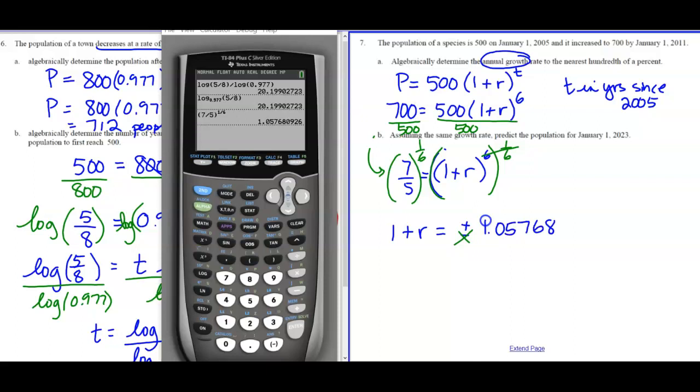I show a few decimal places. Okay, it says to the nearest hundredth of a percent, so I'm not done yet. Again, some students will say the growth rate is 105.8%. But remember, the 1 is this. So I want to isolate. That's why I show it as 1 plus R. I want to subtract 1 from both sides.